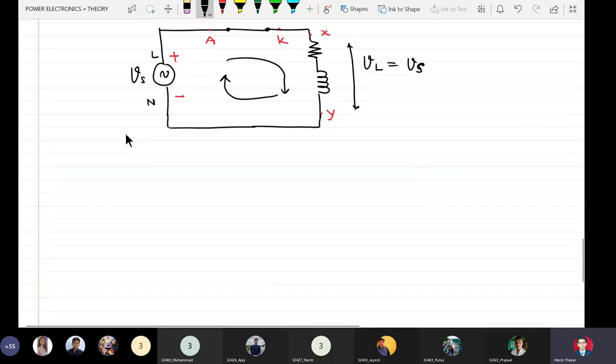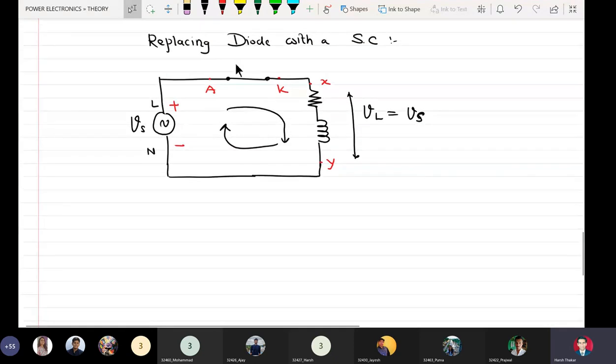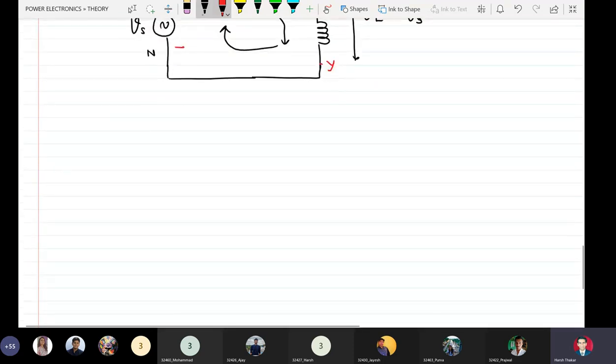Okay. So let us comment here what are the values of VAK and VL. It's very simple. VAK is 0 because it's a short circuit. So during the positive half cycle VAK is 0 volts.